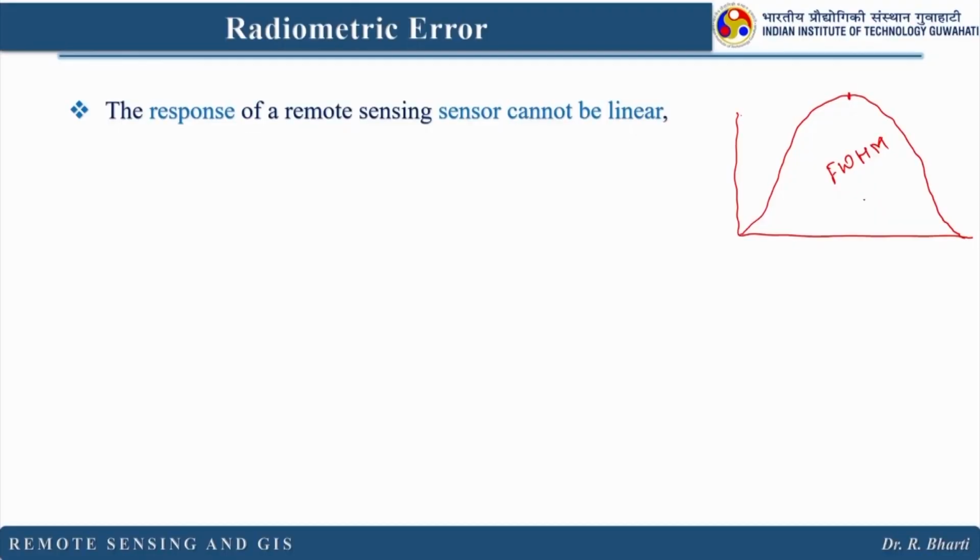But actually the sensitivity of the detector is not linear, it is not like it rises here and drops here. This is the starting lambda, and this is the ending lambda. So, the response of the detector is not linear.